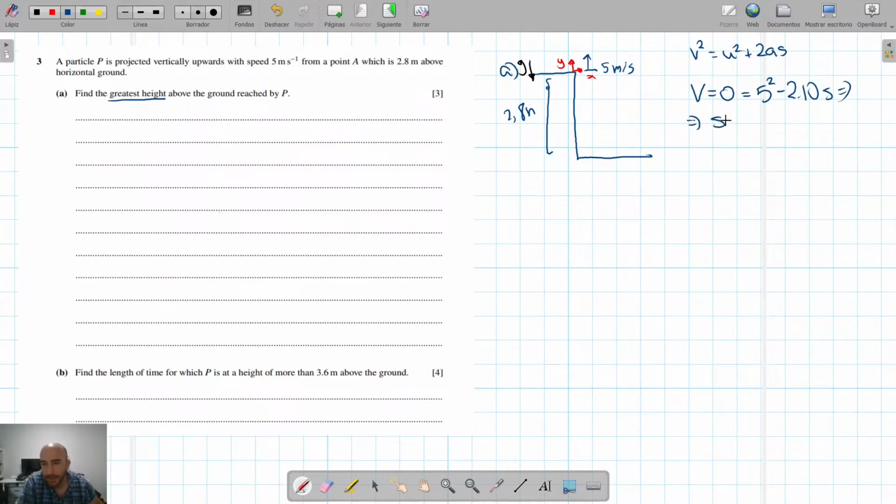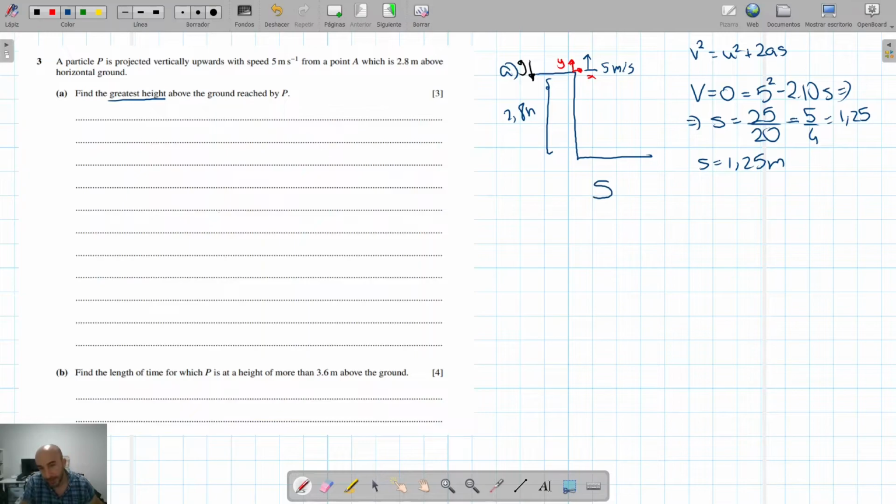So s equals 25 divided by 20. Okay, so s equals 25 divided by 20. That's 5 divided by 4, which is 1.25. So s is 1.25 meters, but obviously that's counting from where we've thrown it.